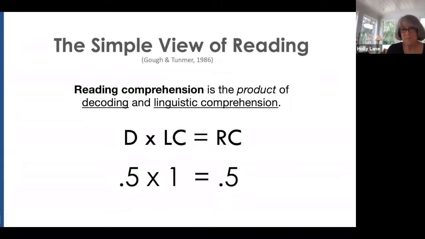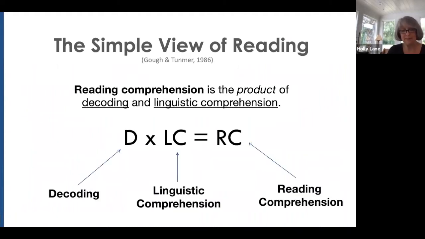So if your decoding skill is only halfway developed, your reading comprehension can really never exceed that. Same in reverse as well. If both areas are weak, then reading comprehension is going to be even weaker. So this way of conceptualizing it as a mathematical formula is really helpful because it helps us understand how important each of these two areas is.